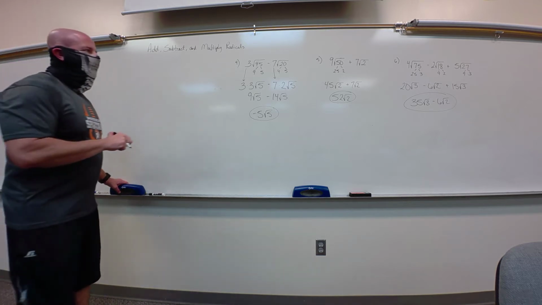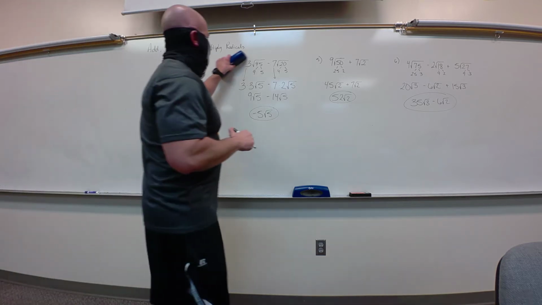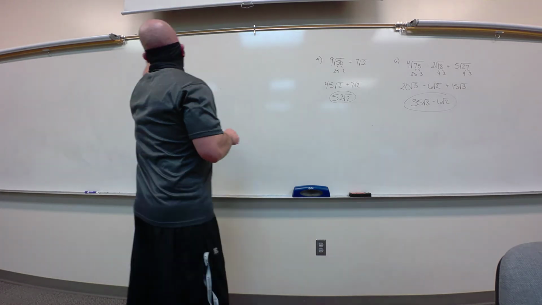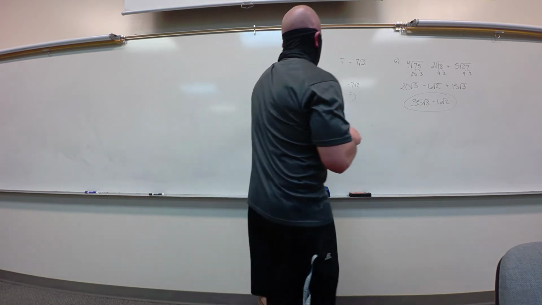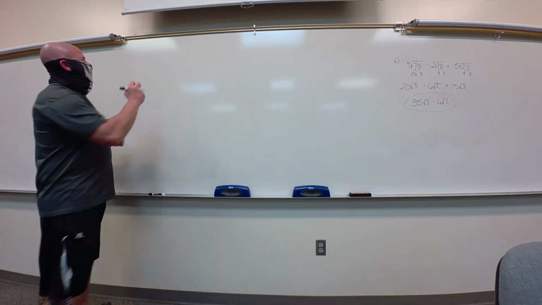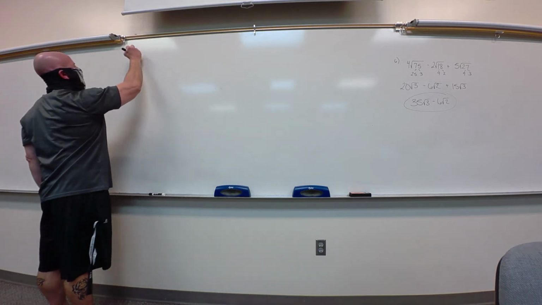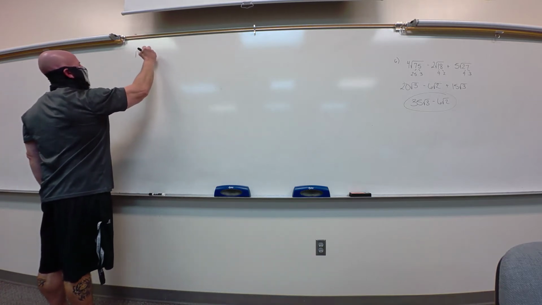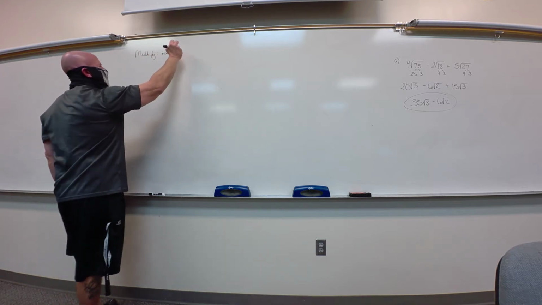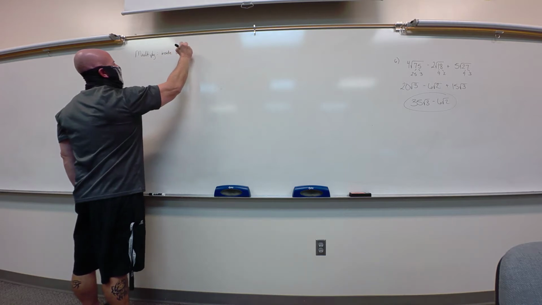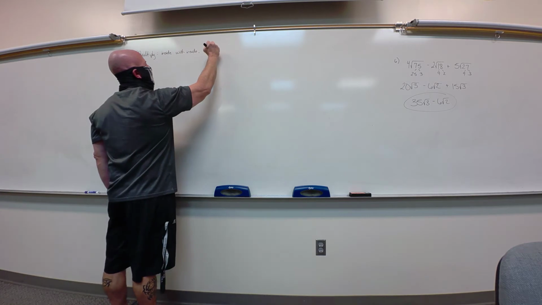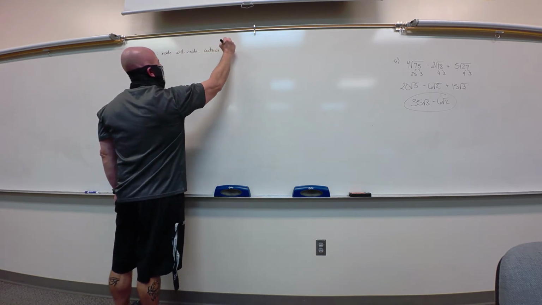All right. Multiplying. When we're multiplying, sometimes we're going to still have to do some addition and subtraction, but what I want you to think of to multiply is inside with inside, outside with outside.